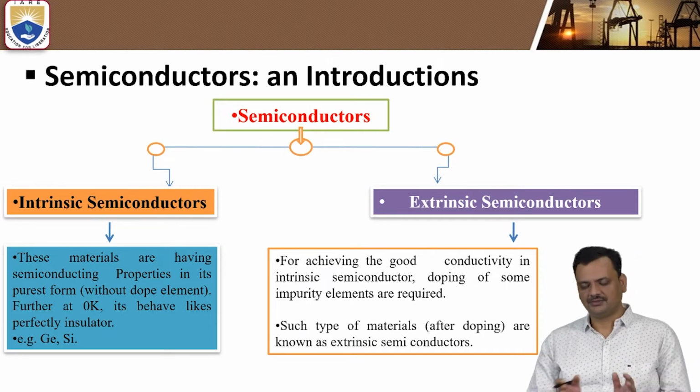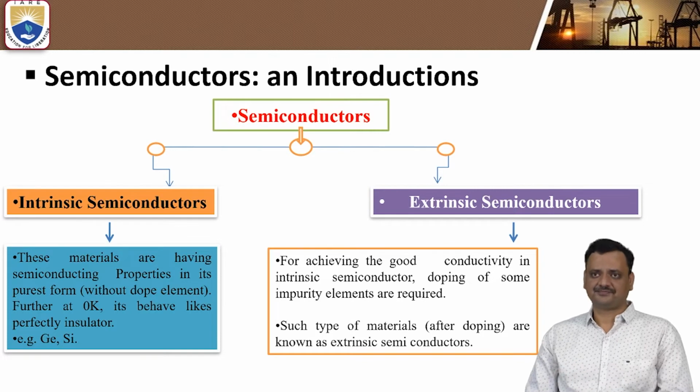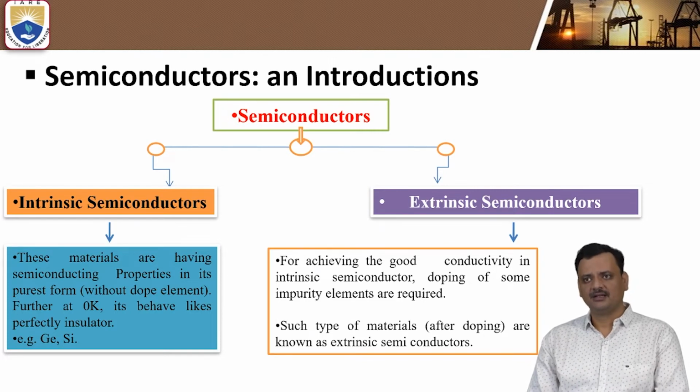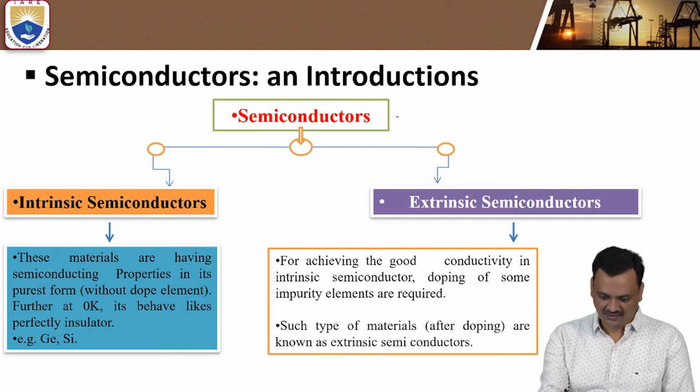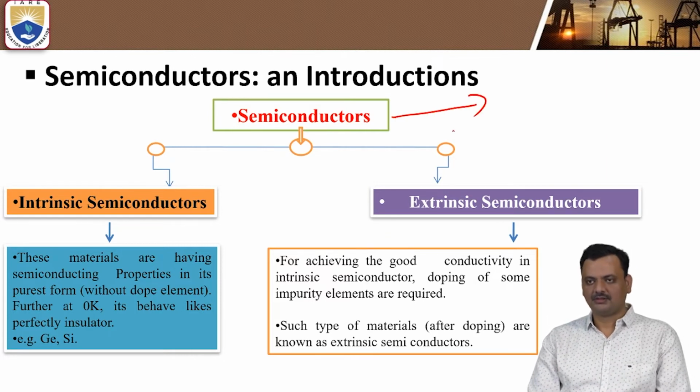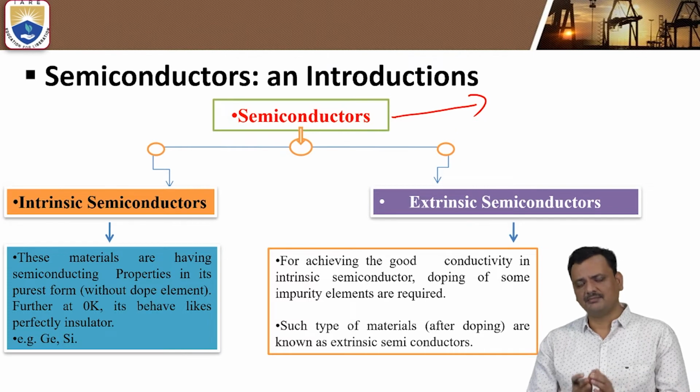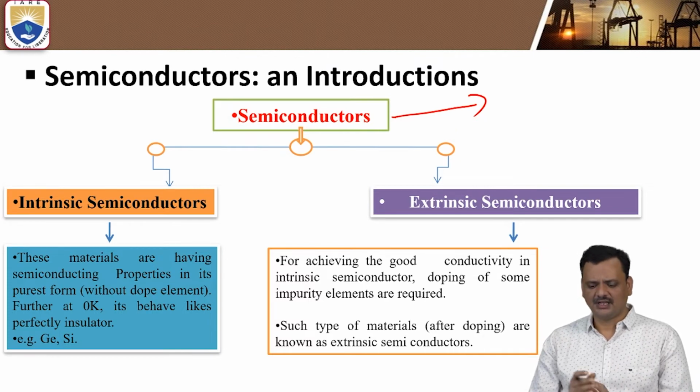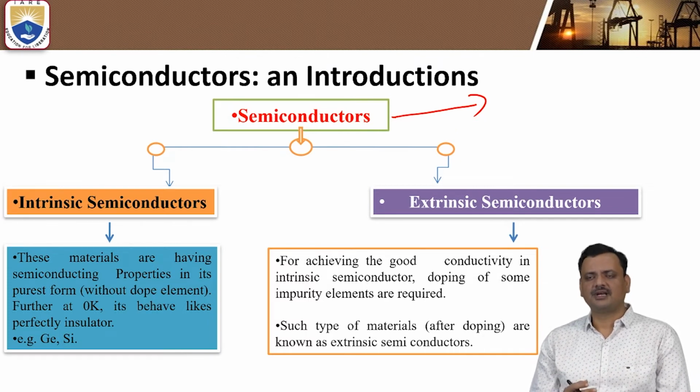From here onwards, I am going to define intrinsic and extrinsic semiconductors. Before this slide, I defined the basic properties of semiconductors. Here onwards, I will give a detailed explanation.